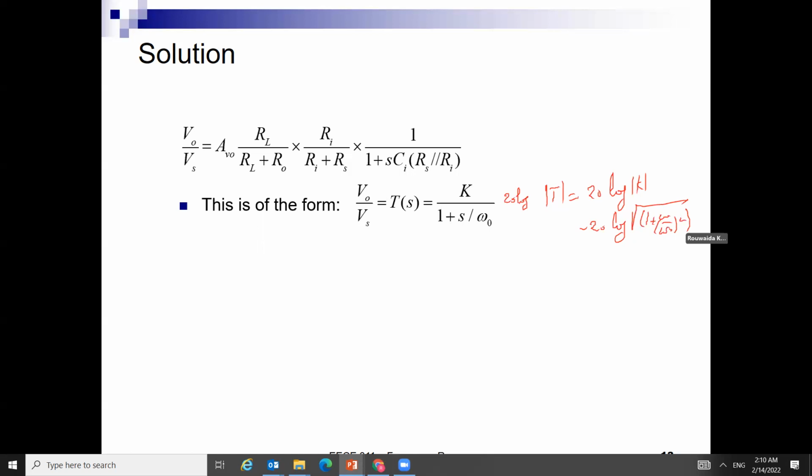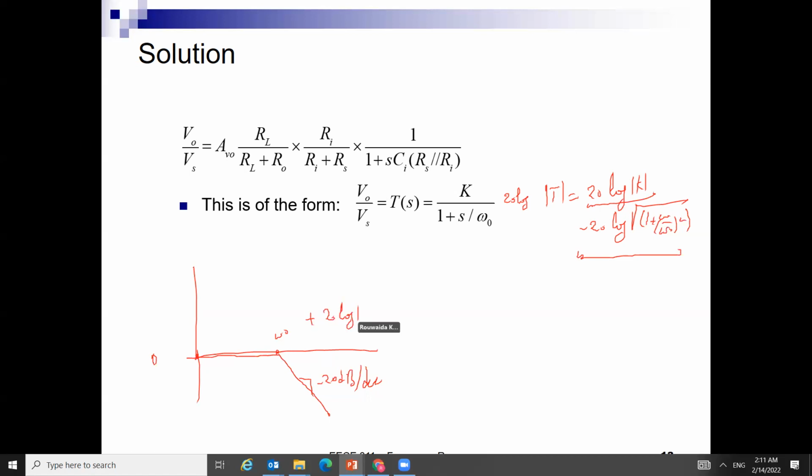Okay, so now we have a constant term. And now we know how we draw the latter term, which was 0 dB until omega 0, and then it drops down with a slope of minus 20 dB per decade afterwards. For my transfer function, I'm going to add 20 log K to all of this curve.